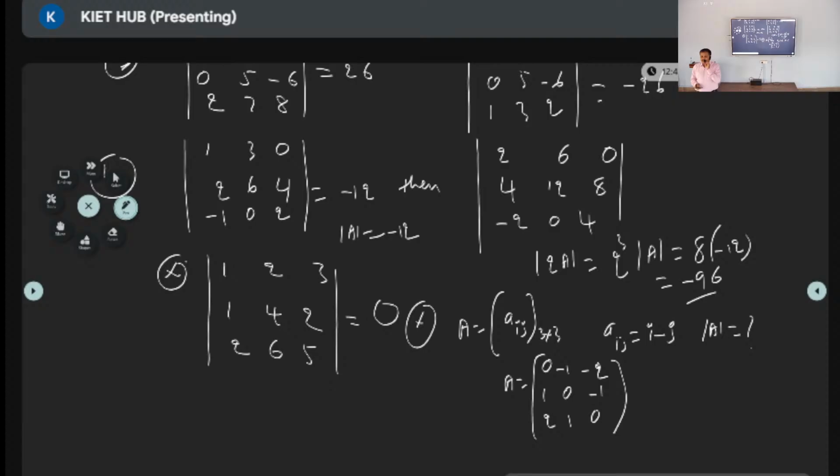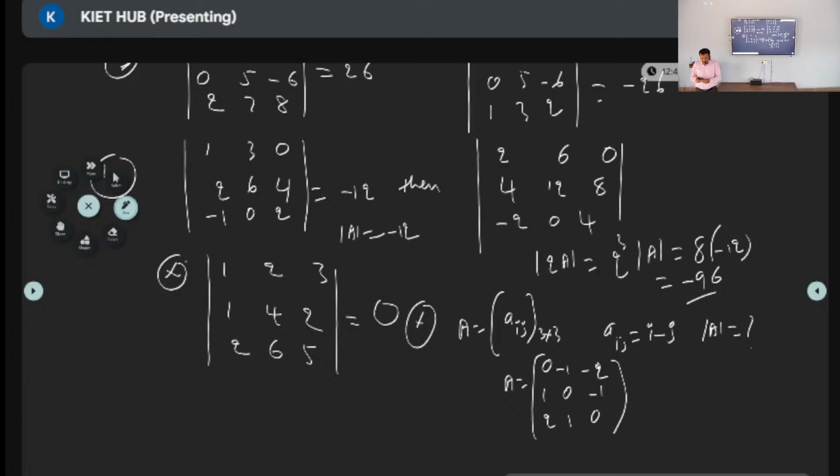One important note: determinant value of a skew symmetric matrix with odd order is 0. This is an odd order skew symmetric matrix. Its determinant value is 0 straight away.